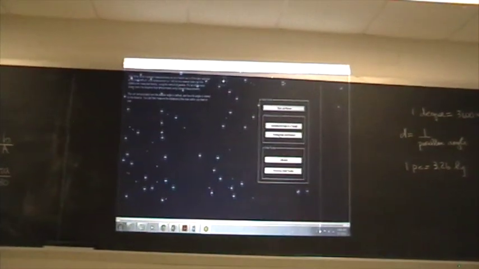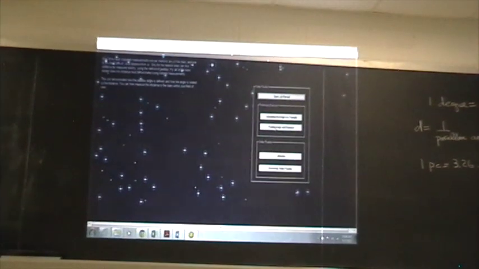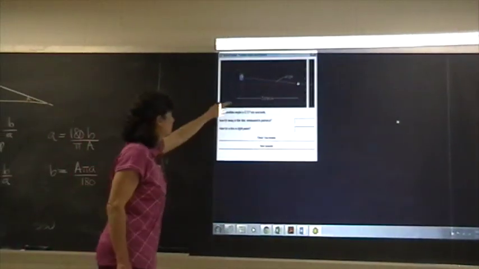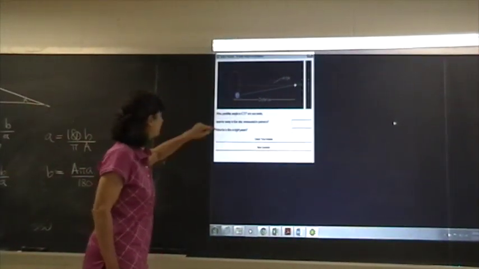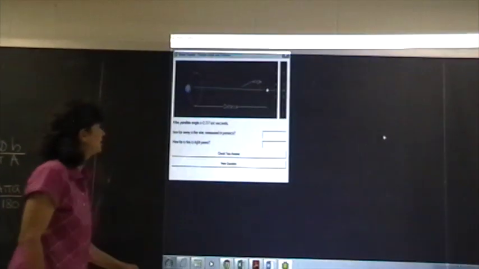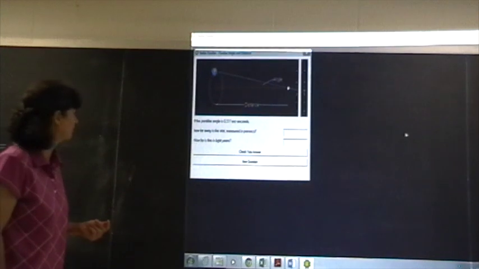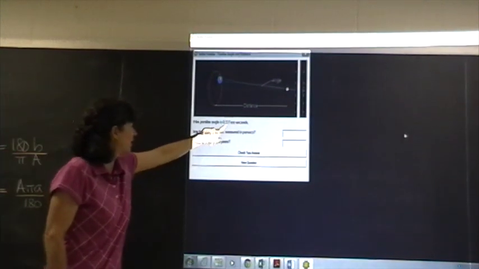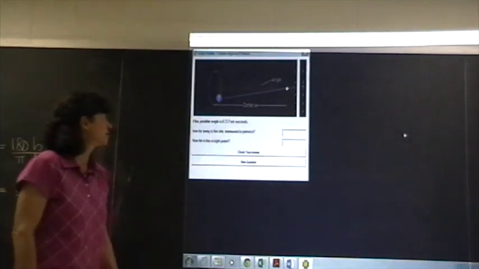The second part of the lab then has you apply those ideas to actually calculating the distances to objects. So this, for example, is showing you how the parallax is calculated. We're looking at how the star shifts with respect to the background stars as the Earth moves in its orbit. And then you're told the parallax angle in arc seconds.